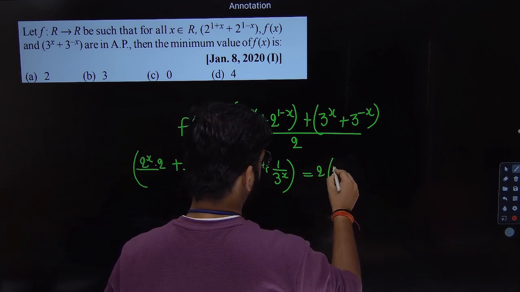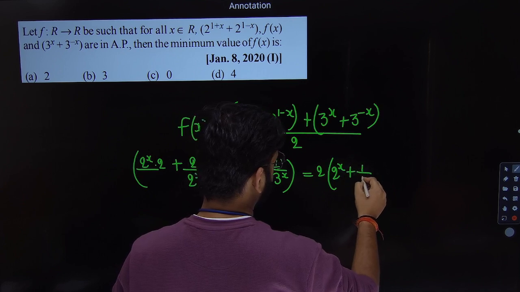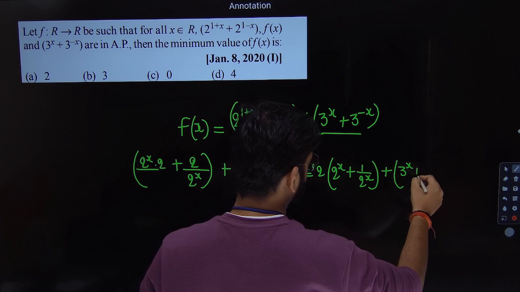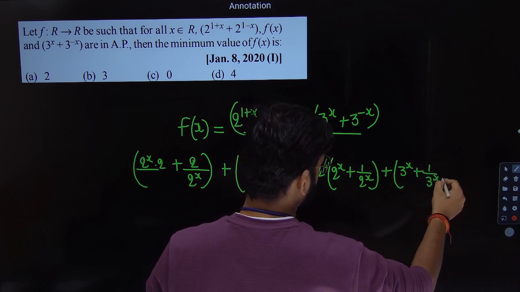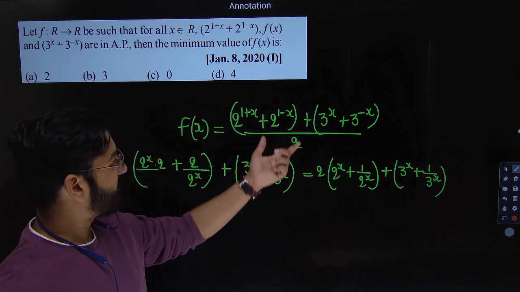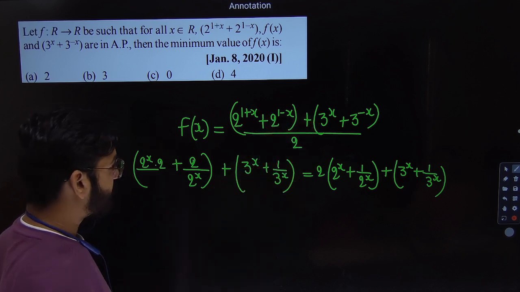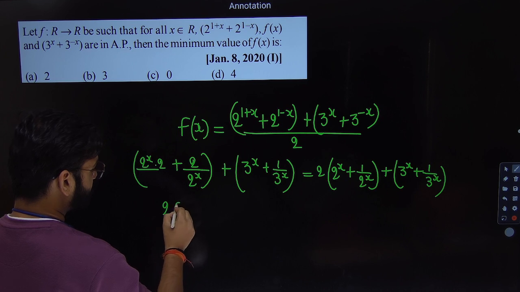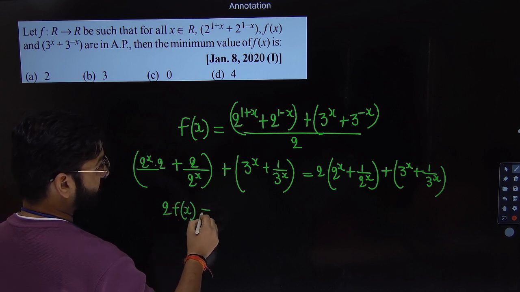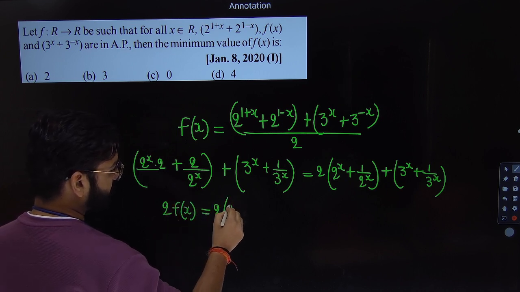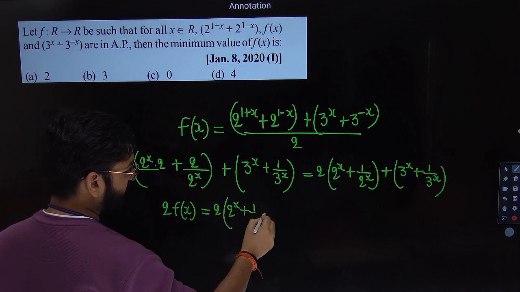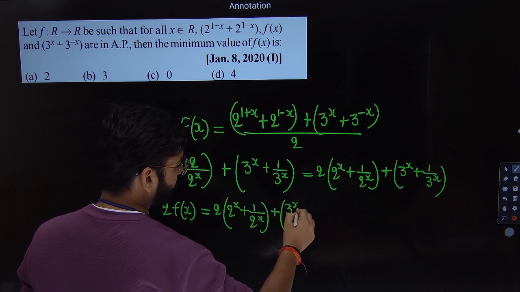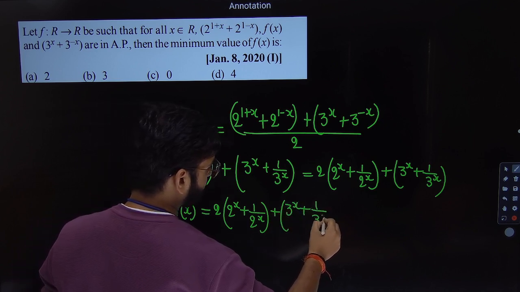So 2 times of 2 to the power x plus 1 by 2 to the power x, plus 3 to the power x plus 1 by 3 to the power x. I have just simplified the numerator. So if I put it there and cross multiply, 2 times f of x is equal to 2 times of 2 to the power x plus 1 by 2 to the power x plus 3 to the power x plus 1 by 3 to the power x.